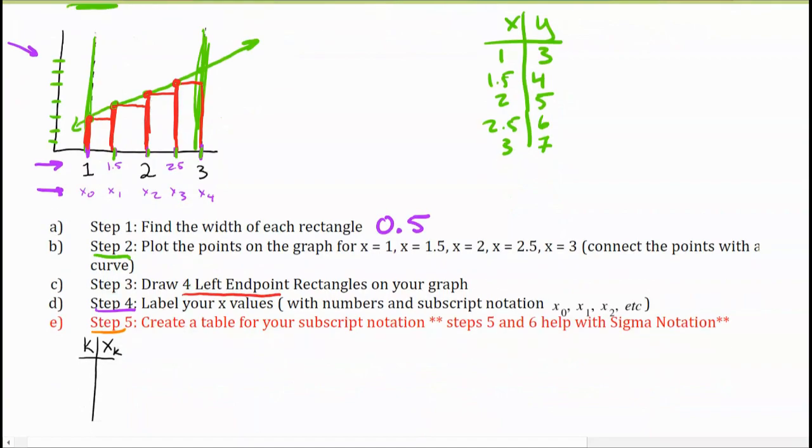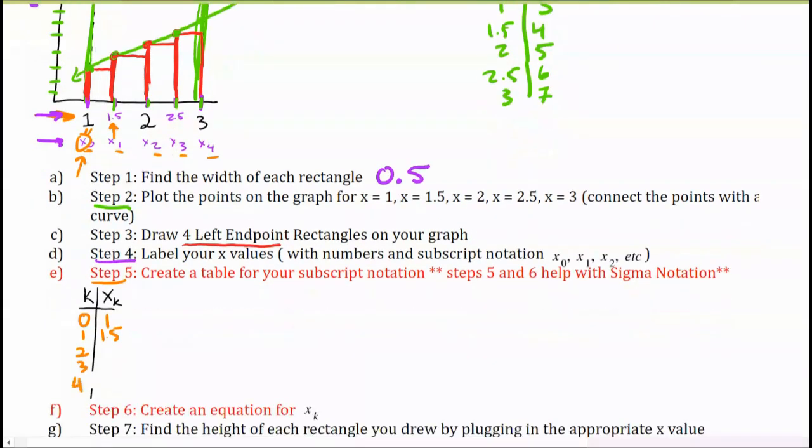The little numbers here we're going to call k values, and x of that number just gives us these specific x values. So x of 0, when k is 0, is equal to 1. x of 1, when k is 1, is equal to 1.5. So I'm really just matching up the k values, 0 through 4, and my x values, 1, 1.5, 2, 2.5, and 3.